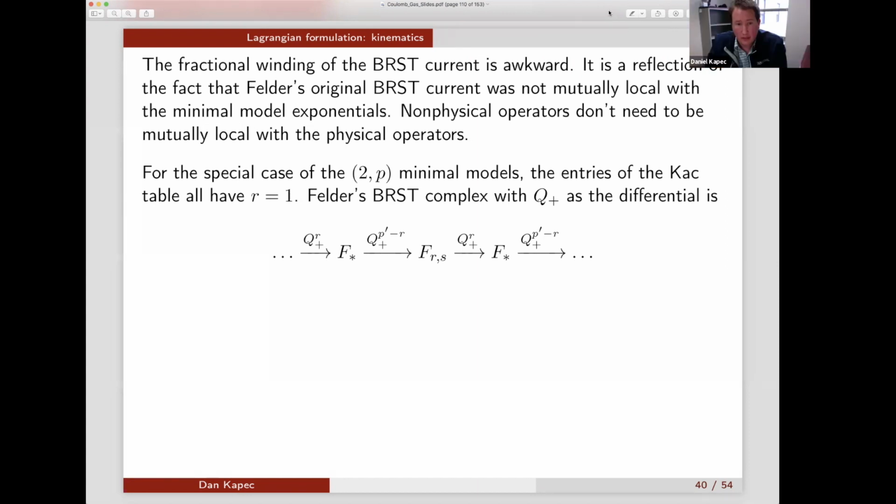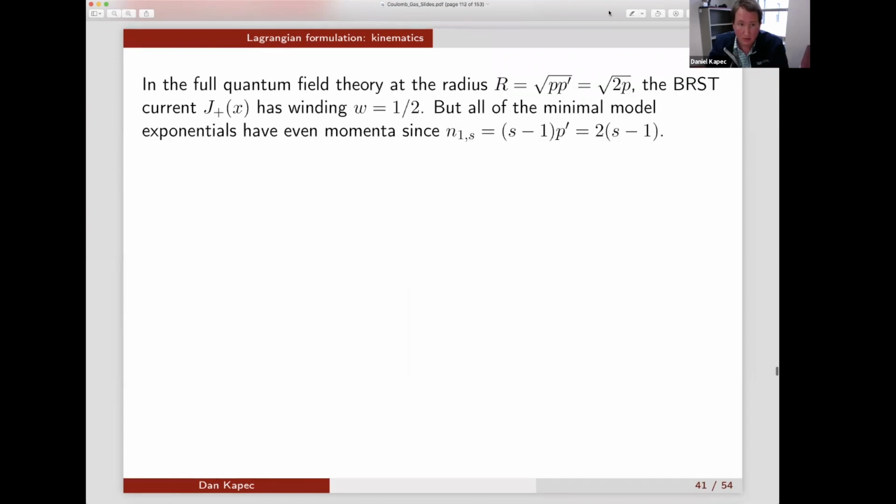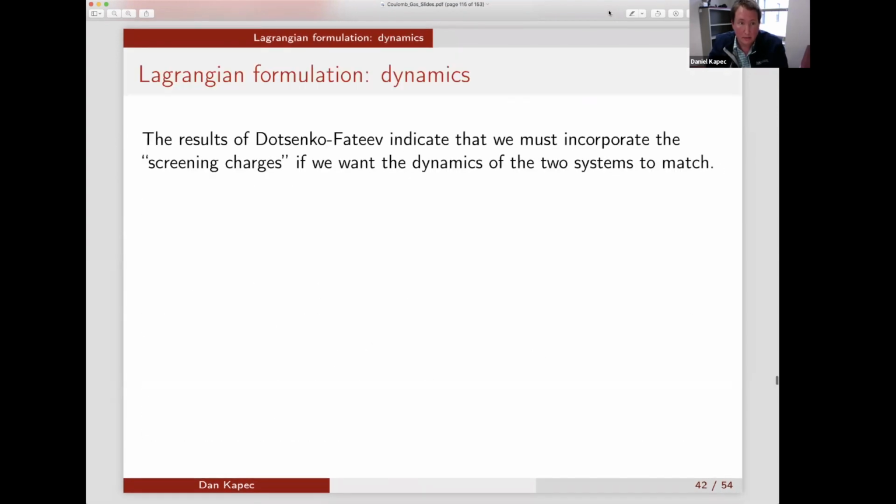Okay. Yeah, so let me skip this point then. The point here is just that there is something which looks a little bit special in this construction about the 2, P models, in the sense that you can set things up with a single BRST charge in the maps between the Fock spaces.